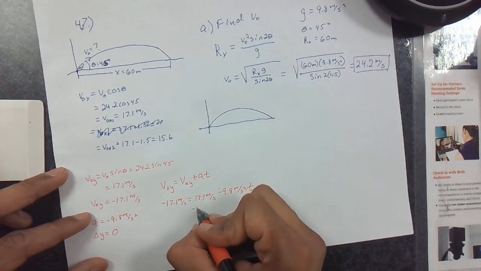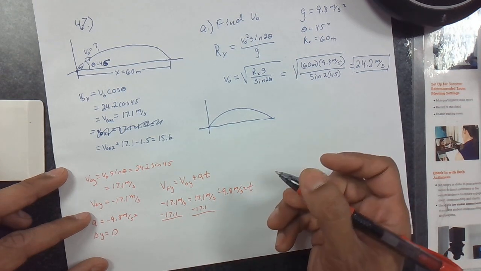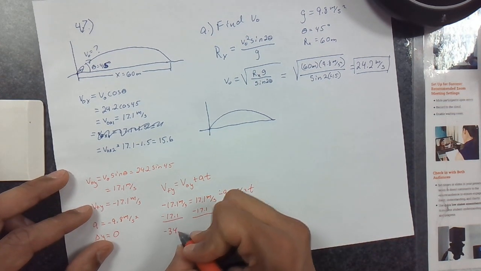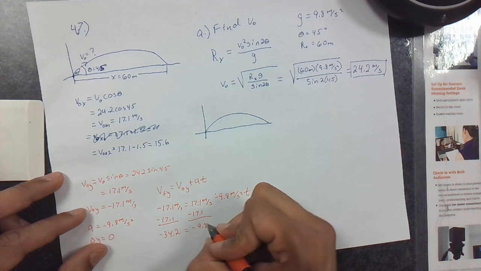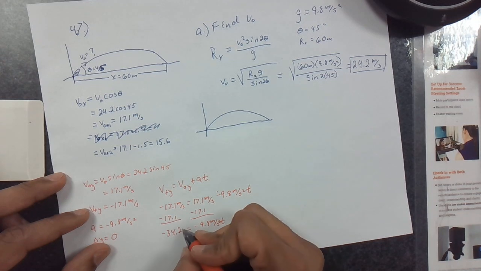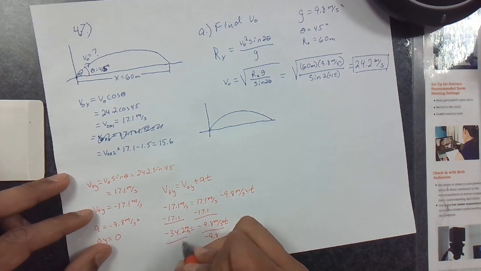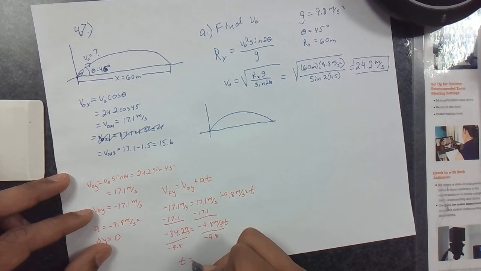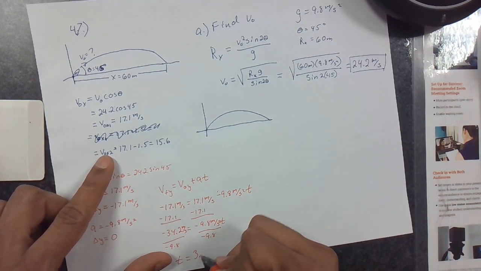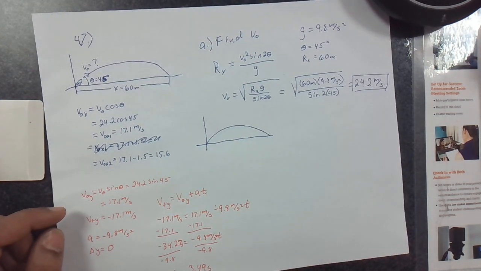Rearranging for t, we subtract 17.1 from both sides, and then we get negative 34.2 is equal to negative 9.8 meters per second squared times t. When we divide by negative 9.8, we get t equal to 3.49 seconds. That is the total time that it takes for the entire y direction to complete.